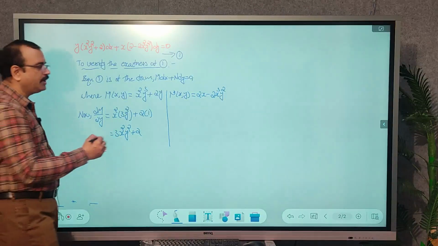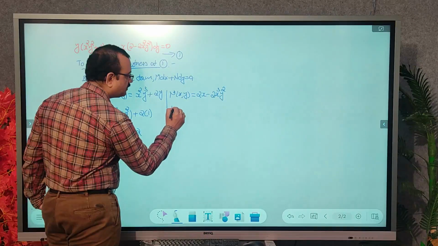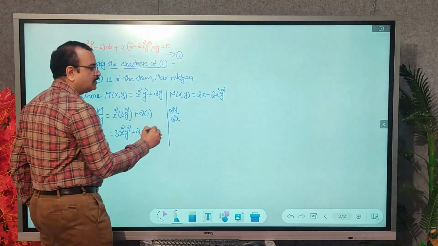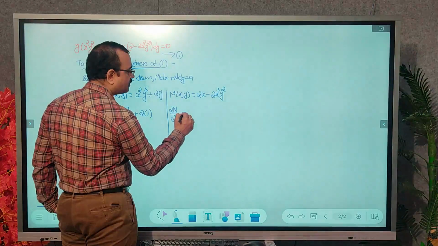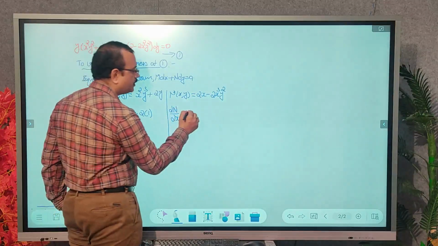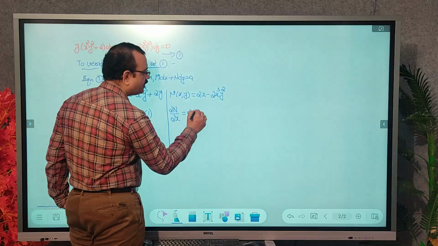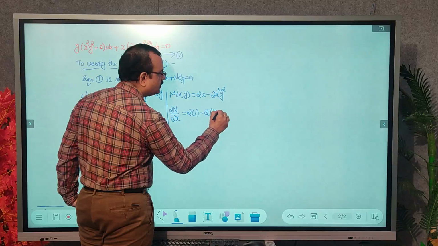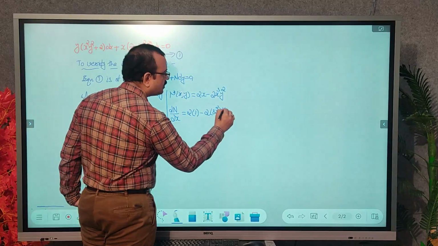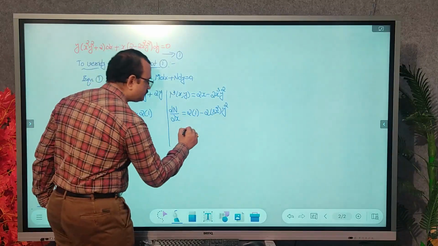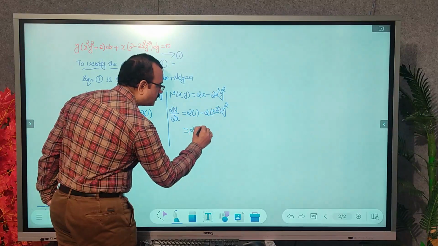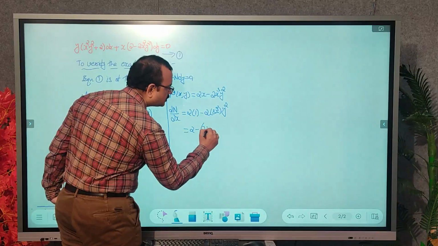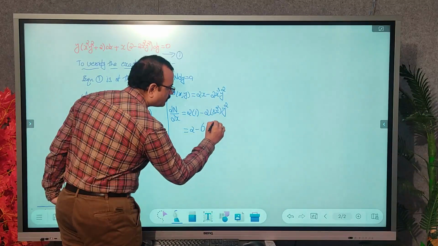Similarly we will calculate dou N by dou x, the partial derivative of N with respect to x. Here y is treated as a constant because we are partially differentiating with respect to x. So 2 into the derivative of x, which is 1, minus 2 into the derivative of x cube, which is 3x square, with y square a constant. So we get 2 minus 6x square y square.